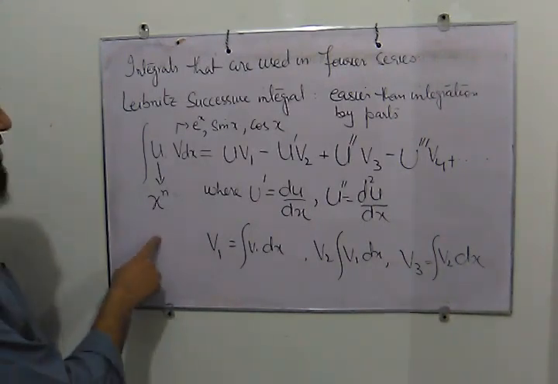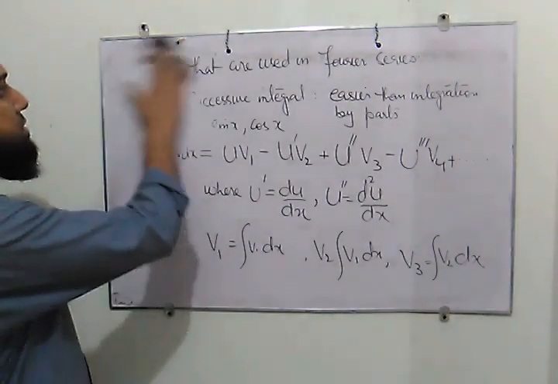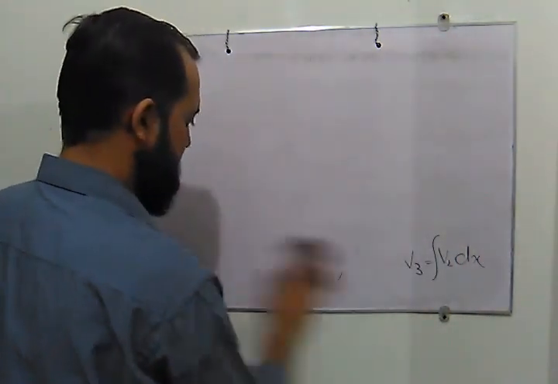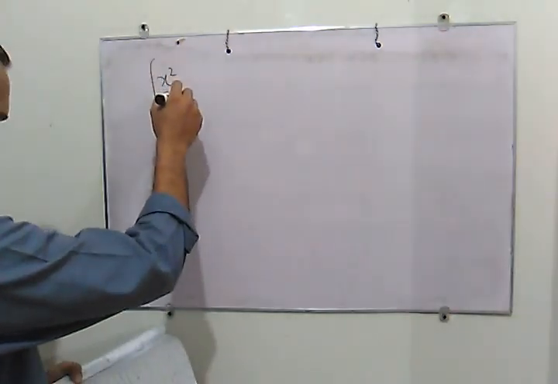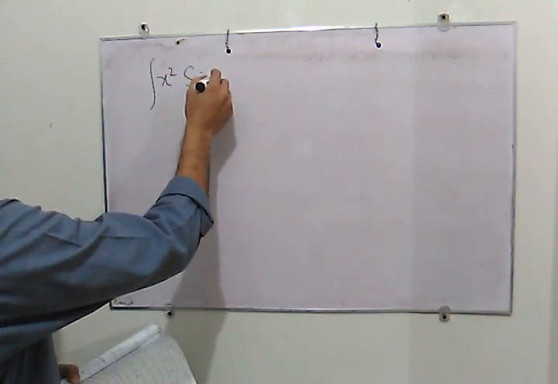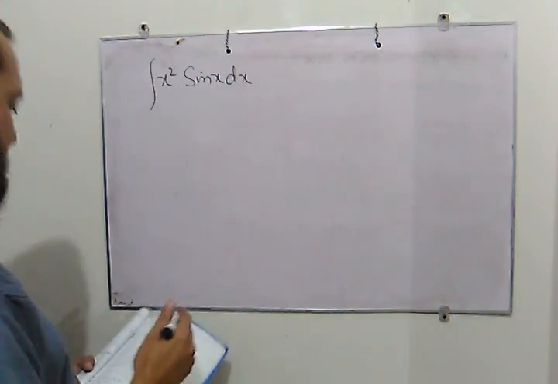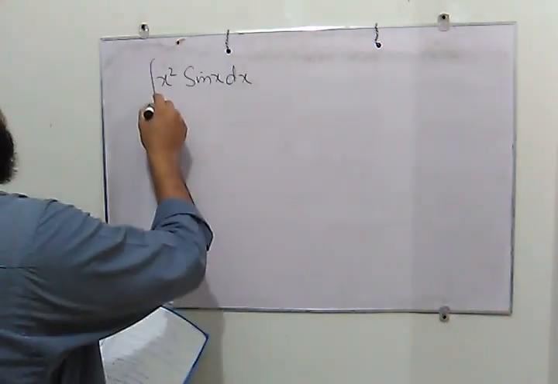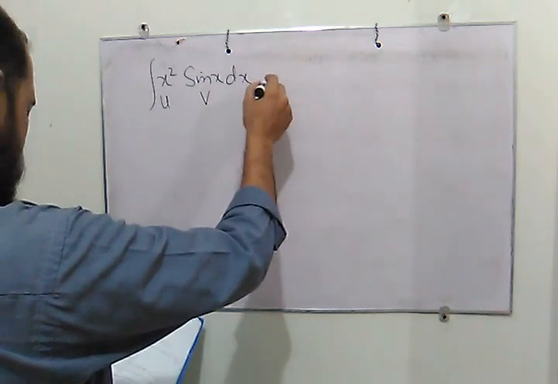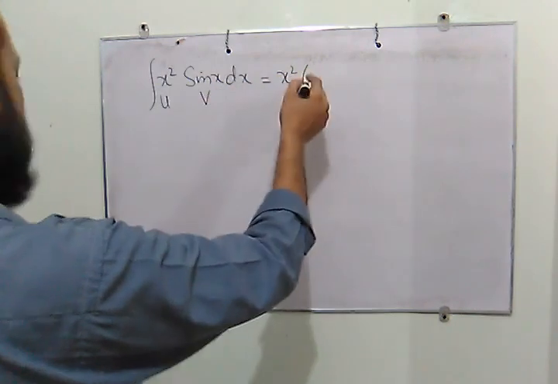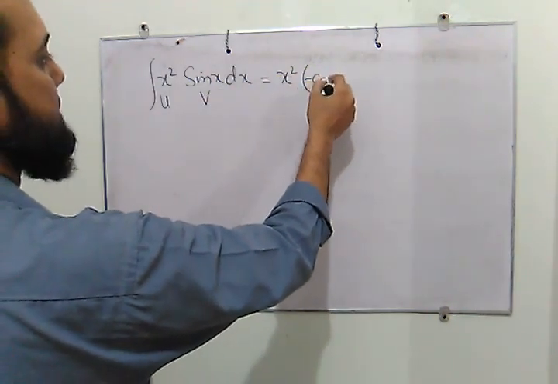So we do an example of this. For example, we have to solve an integral x square sin x dx. Then, based on the Leibniz successive integral, we take the u, we take the v, and we are going to solve it like x square, and the integral of sin x is minus cos x.